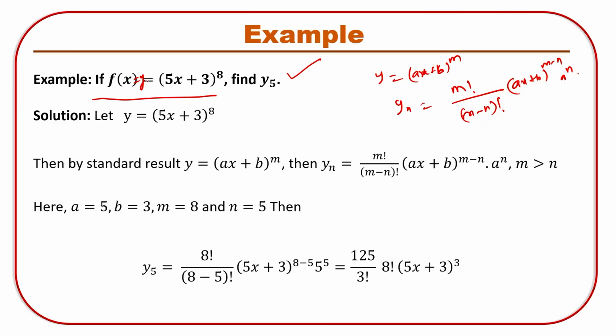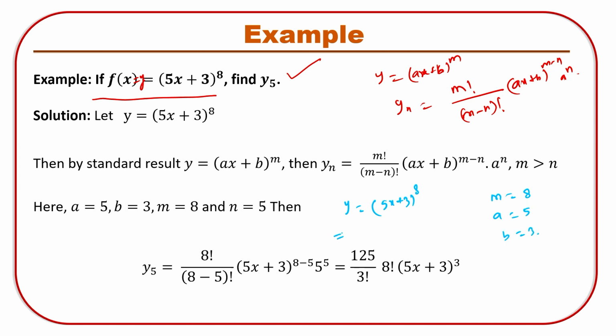You just have to do the same thing. So let's suppose this is equal to y. Y is given as (5x plus 3) power 8. So here m equal to 8, a equal to 5, b equal to 3, right?